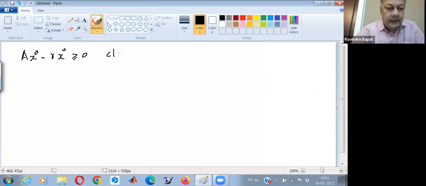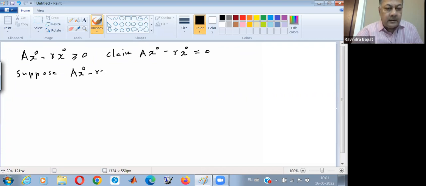And I claim that it is actually equal to 0. That means x naught is actually an eigenvector. So suppose not. So suppose Ax naught minus Rx naught is not equal to 0.